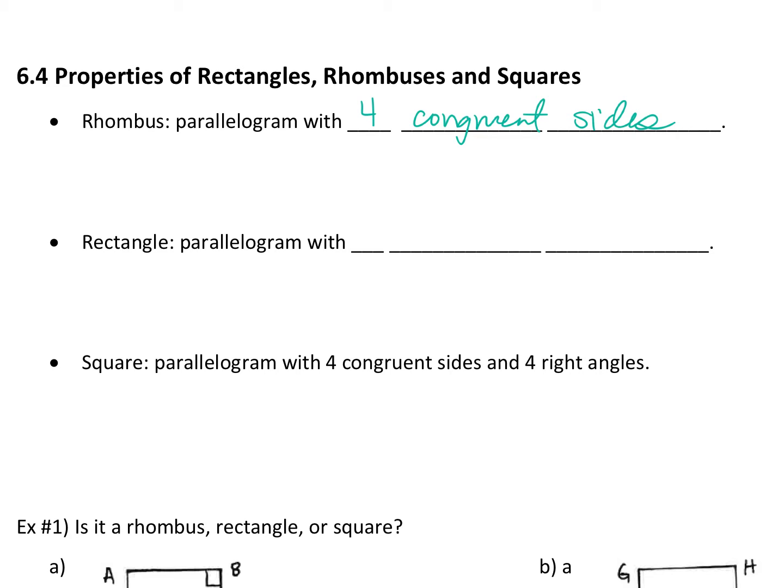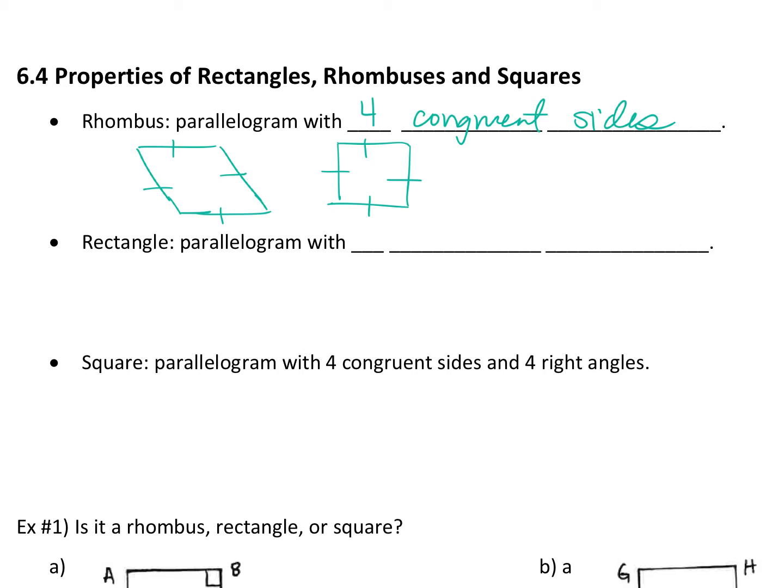So a rhombus usually looks like a diamond, maybe? It can also look like this, 4 congruent sides, but it doesn't have to look like a square. It can have different angles, but 4 congruent sides, okay?